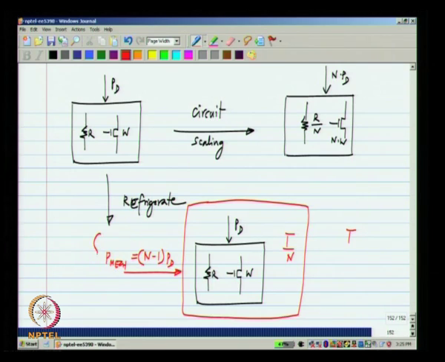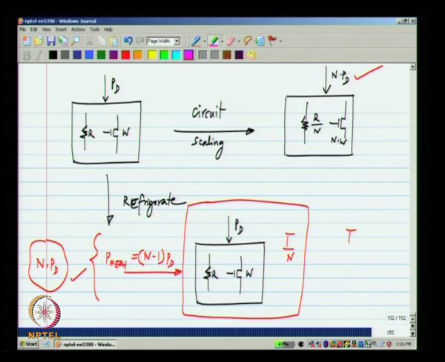Okay. This is an ideal refrigerator working according to the Carnot cycle. And what is the total power dissipated here? The circuit consumes PD and the mechanical power is n minus 1 PD. So, the total power is n times PD. Okay. We get exactly the same power dissipation as when you do circuit scaling.